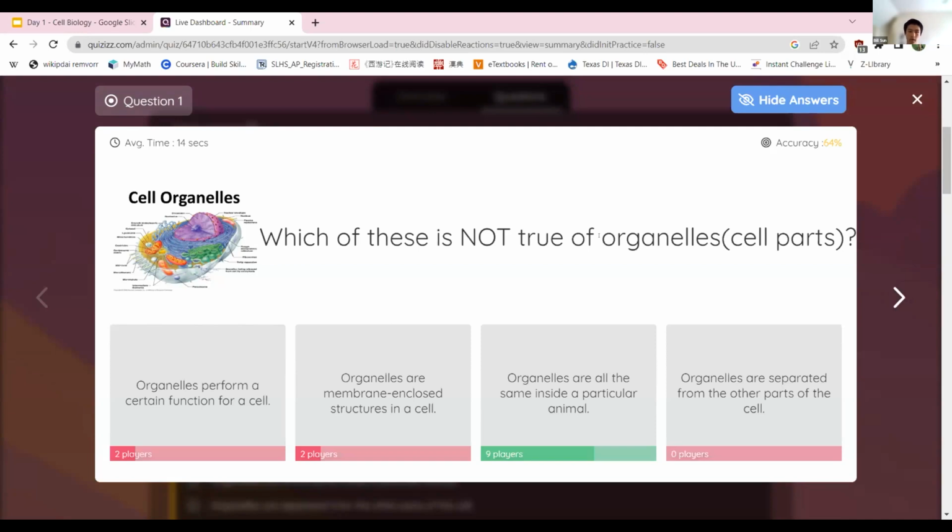A muscle cell may have a lot more mitochondria because it needs a lot more energy, while a liver cell may have more Golgi and ER because it has to produce a lot of secretions and clean the blood, right? So the best answer for this one is this, because organelles do perform particular functions for a cell, and they are membrane-enclosed structures. So this is the best answer.